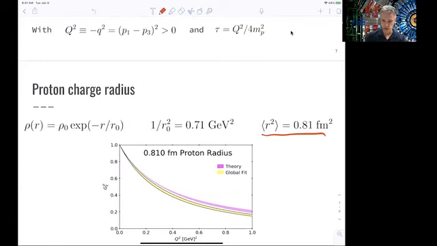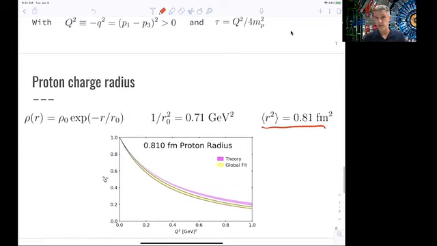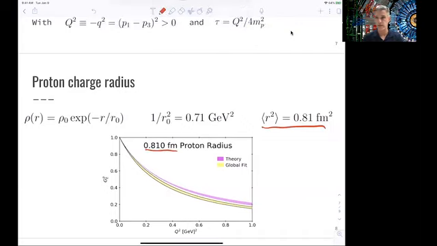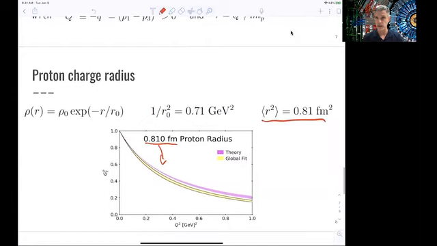This measured charge radius is still today a hot topic in particle physics because these measured distributions do not quite agree with the theory predictions. You see this here parameterized for this value of the proton radius, the theory and the global fit to the data don't quite agree. You would have to go to slightly higher values of the proton radius in order to have the theory agree with the experiments. So I leave it here.